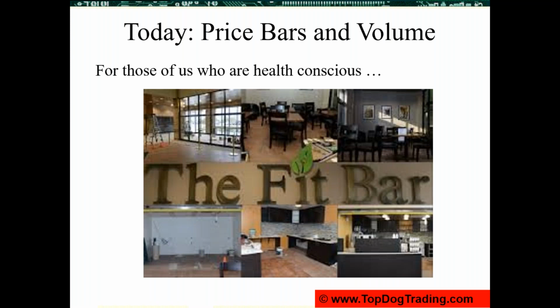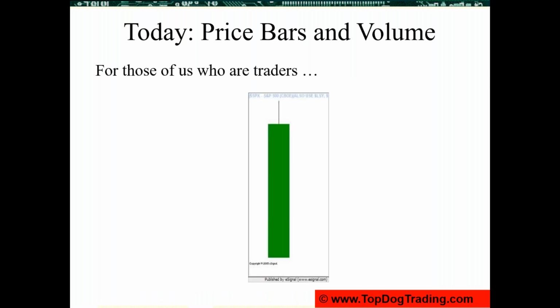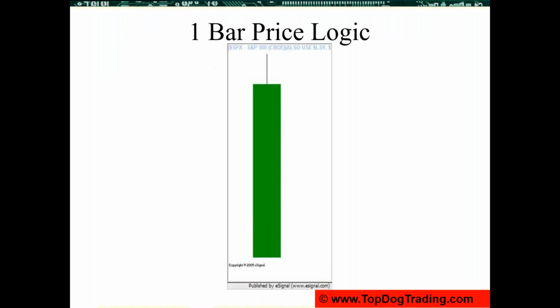If you're health conscious, we also have health bars now, which is kind of nice that the culture is going in a healthy way. But for those of us who are traders, we're looking at something more like this. Okay, that's one bar. So we're going to start at the beginning with one bar price logic.